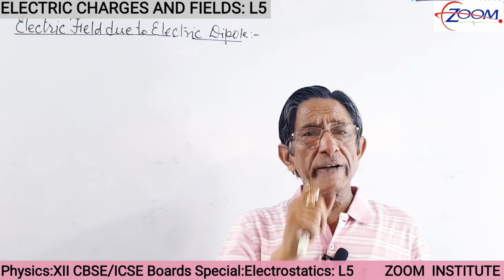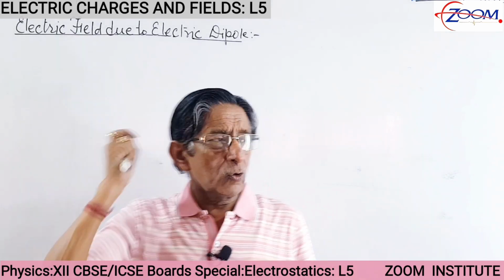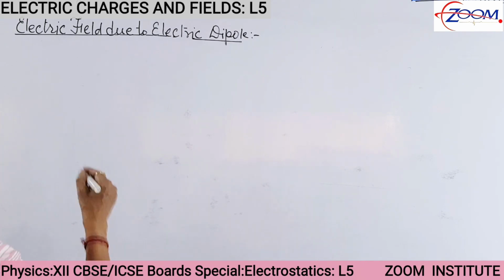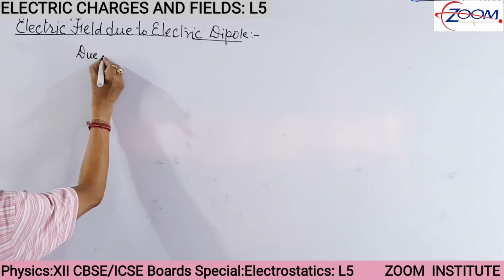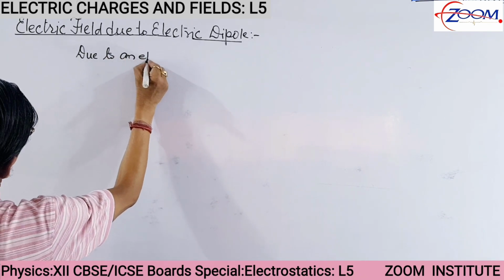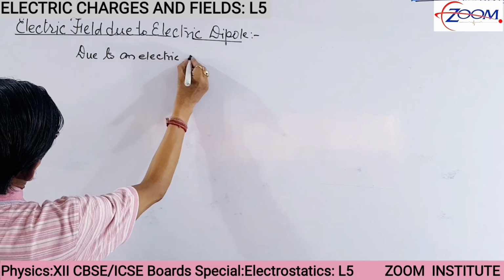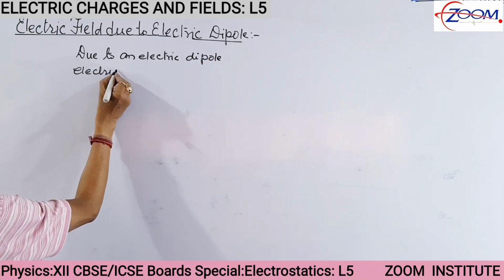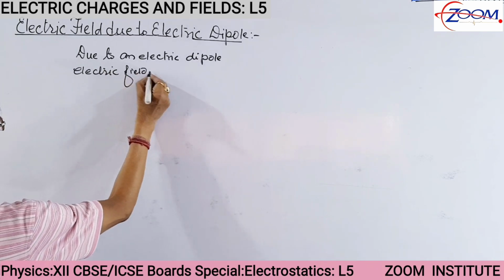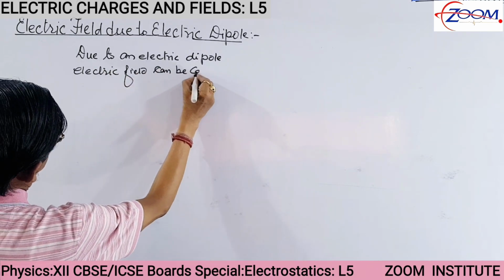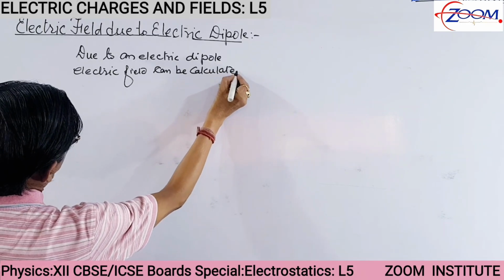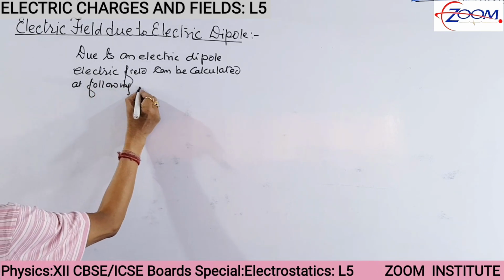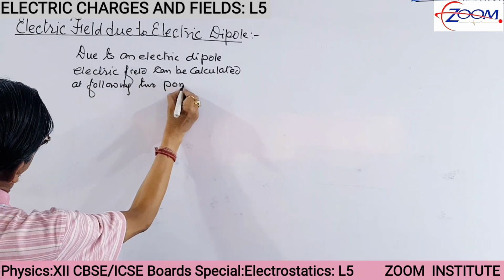So we can calculate electric field due to electric dipole at 2 points, one is called on the axis and one is called on the equatorial line. Due to an electric dipole, electric field can be calculated at the following 2 points.